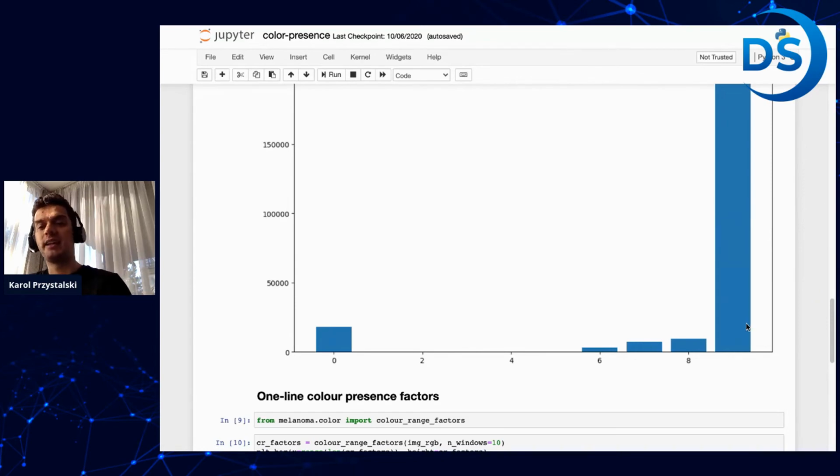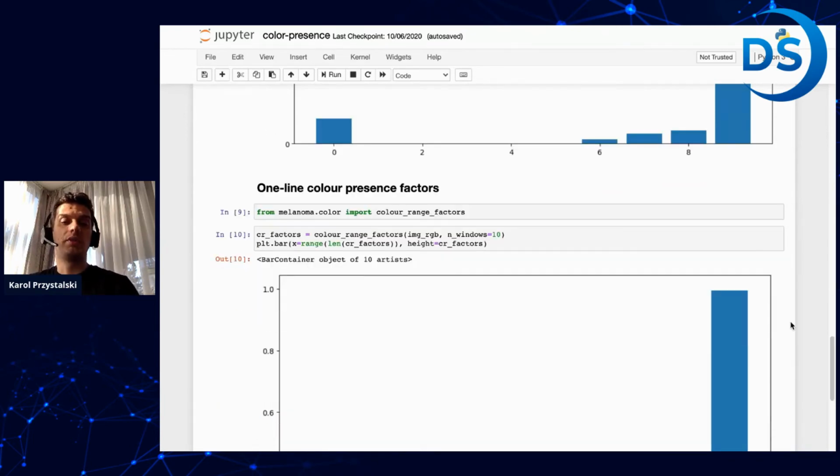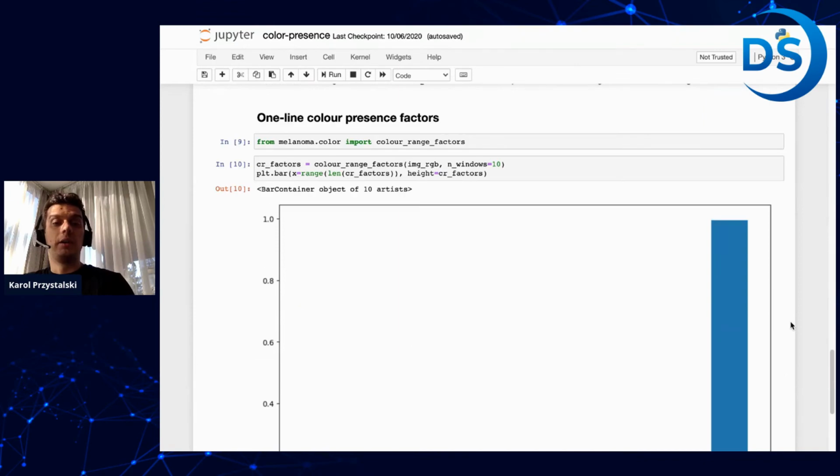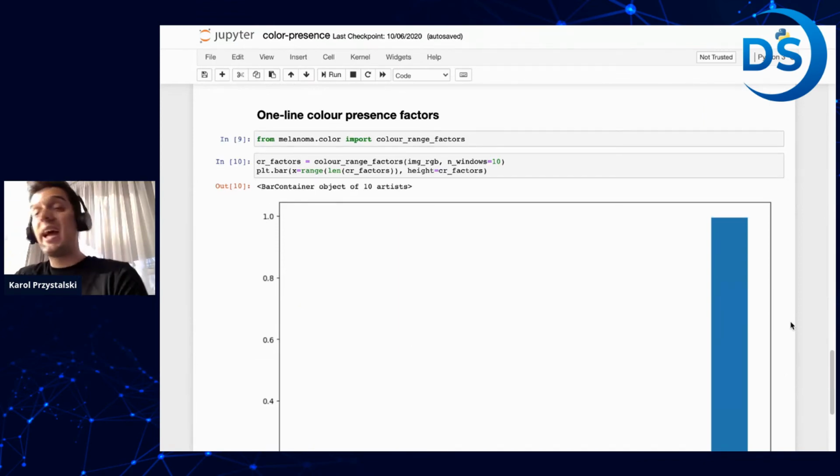Right? In this case, it's 10. But if you're talking about skin cancer, we talk about actually at the end 6. We mention 6 colors, so we can obviously switch it to the 6 most important, and try to find out if we really have blue color there, or what is the most dominant color.